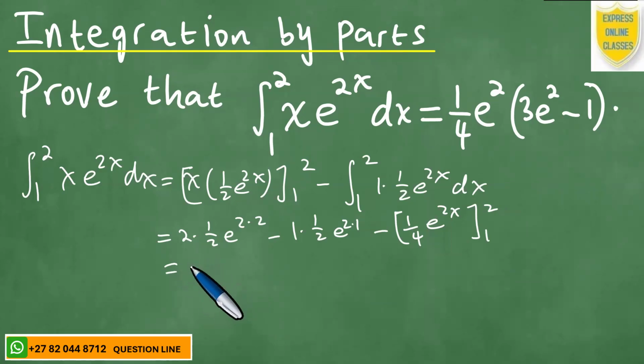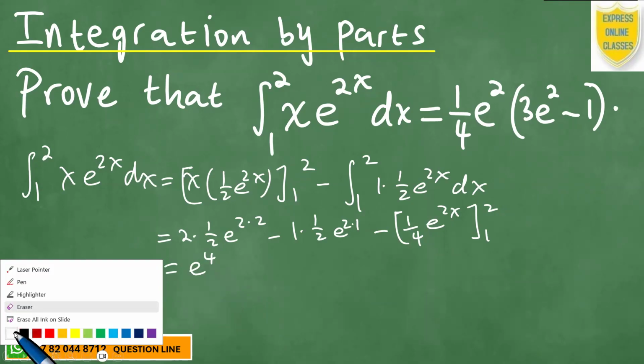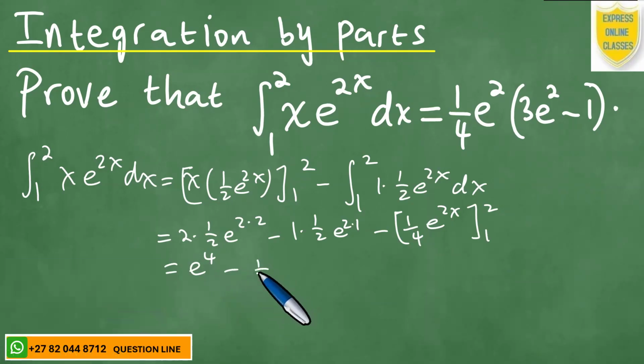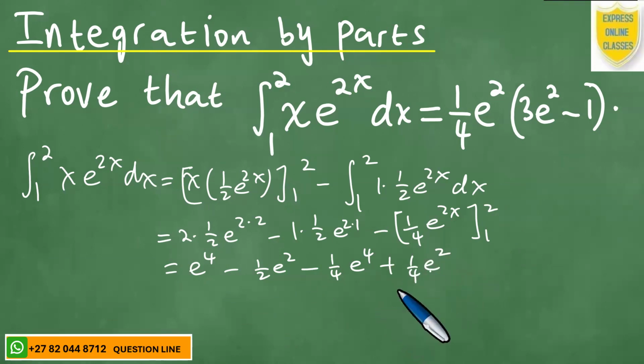At this point, the first term is exactly e to the power 4, minus 1/2 e squared, minus, when you plug in the 2, a quarter e to the fourth power, minus, so it's going to become a plus 1/4 e to the power 2.